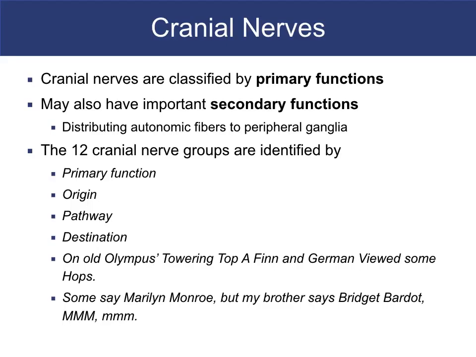The acoustic nerve goes to the ear and allows you to hear, but it also goes to the vestibular organ, which is the semicircular canals and things that allow you to have orientation, get dizzy, and know which way is up, which way is down, feel acceleration and things like that.